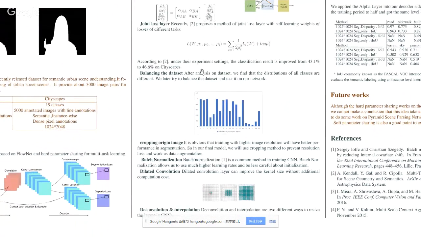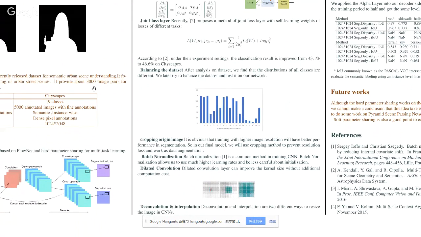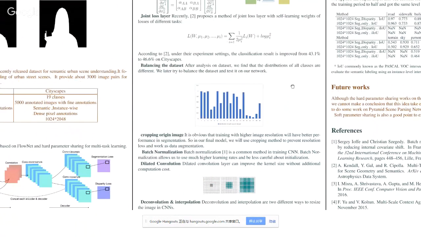And later, we modified the data set because it only provides 3,000 training image pairs. So we want to enlarge the data set. One is balancing the data set, and another is cropping the original image. For balancing, because we find that some classes have a low percentage of all the images, we just double or triple the images with low percentage to see whether it works.